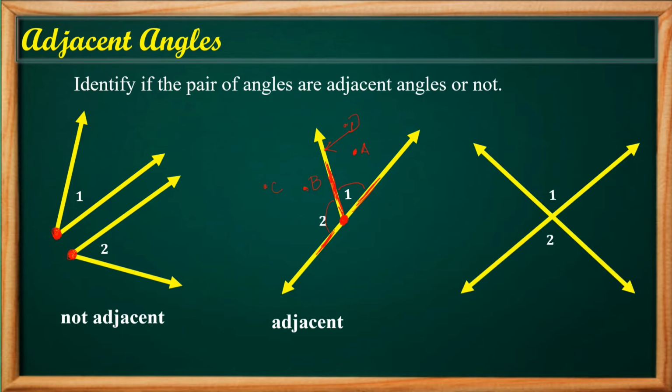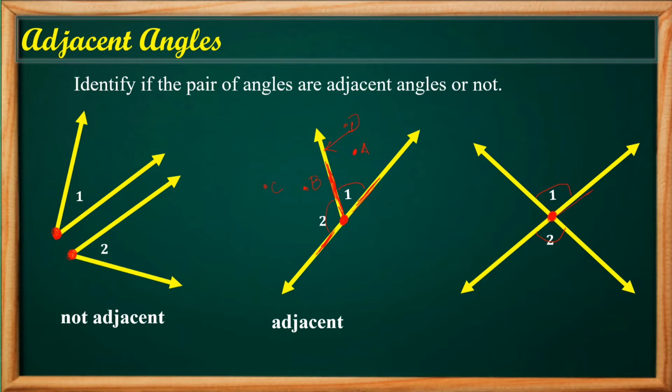Next, the third figure. We have here angle 1 and angle 2. The first condition, they have a common vertex. Ano yung vertex ni angle 1? Dito yung vertex ni angle 1. How about for the angle 2? Ito rin ang vertex ni angle 2. Then, ang sunod na condition, they have a common side.